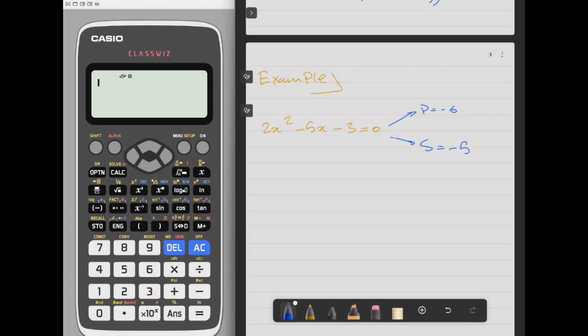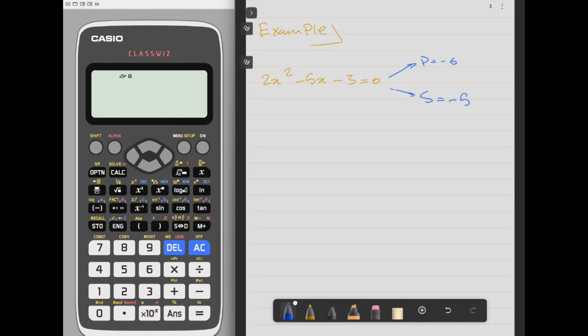Well, if you ask me, it's going to be minus 6 and 1, right? So, guys, this is important. Minus 5x can be written as minus 6x plus x. So I just write 2x squared minus 5x minus 3 in the form 2x squared minus 6x plus x minus 3 equal to 0.